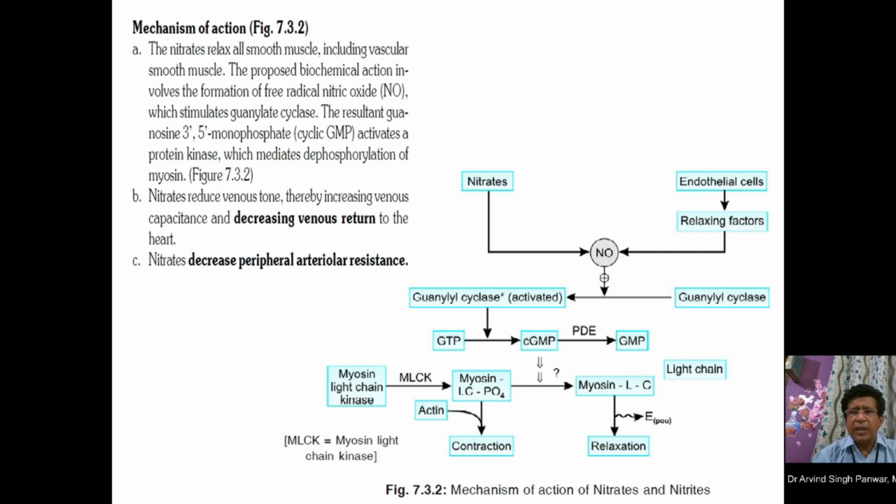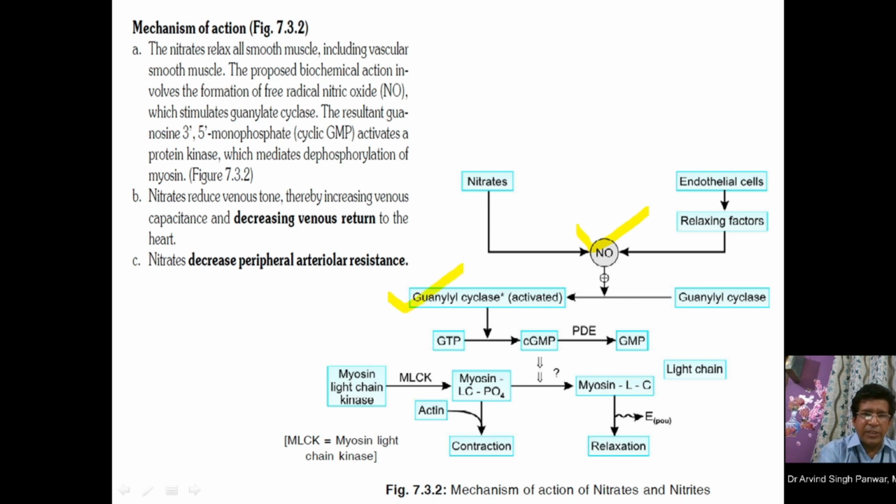So, this is about the mechanism of action. Endothelial cells release certain relaxing factors, and nitrates also release a certain chemical, that is ultimately nitric oxide. Now this nitric oxide converts guanylyl cyclase into activated guanylyl cyclase, right?